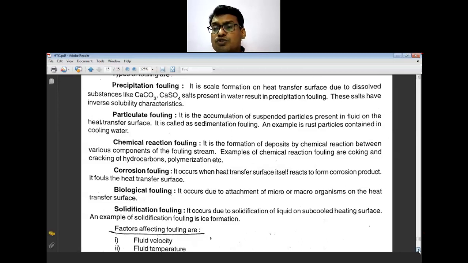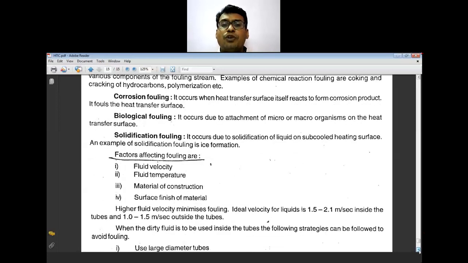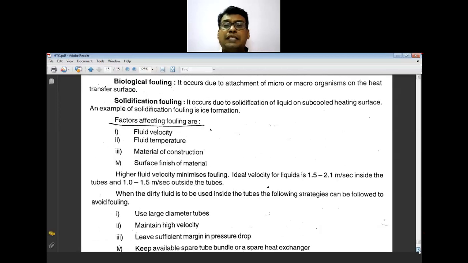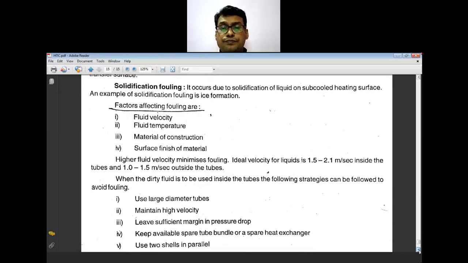Then solidification fouling occurs due to the solidification of the liquid on subcooled heating surfaces. So these are the different types of fouling, and fouling can be manipulated with certain factors, that is fluid velocity, fluid temperature, material of construction, and surface finish of the material. All these are going to affect these fouling processes.